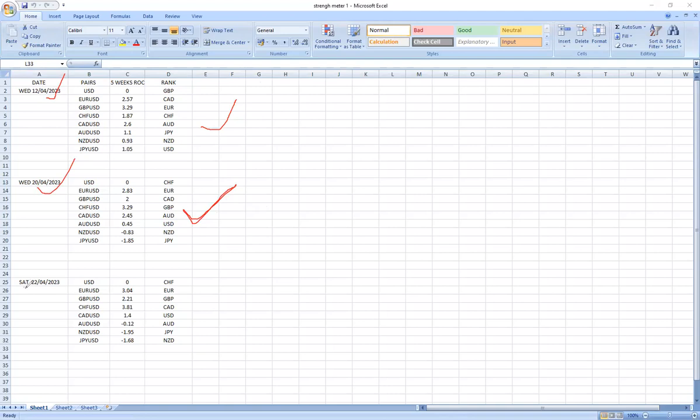And today is Saturday, as at the time I'm recording this video, 22nd of April. This is the current strength of the currencies that I have gotten. But I won't talk about this. I'm going to use this to show you how I come by these things.